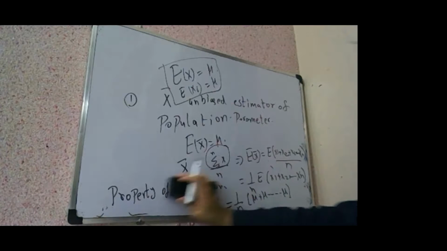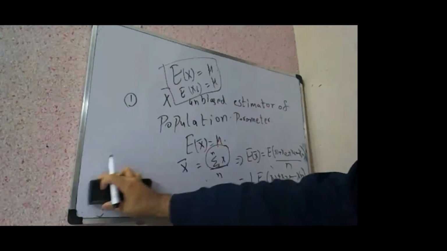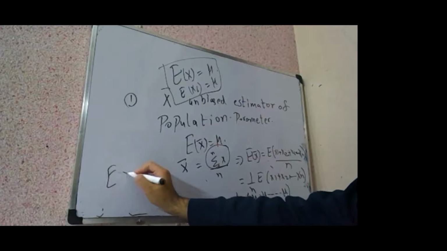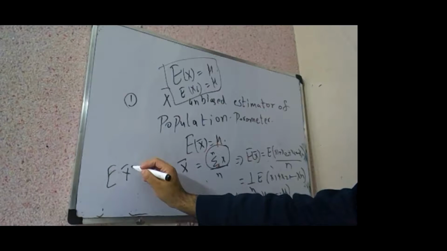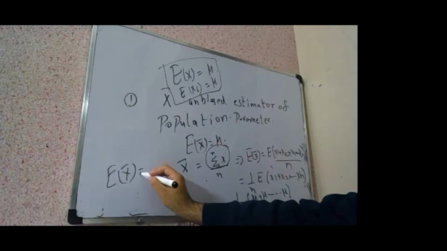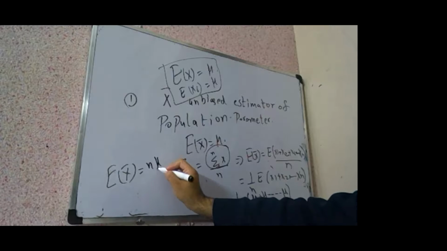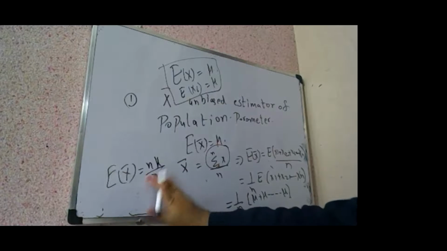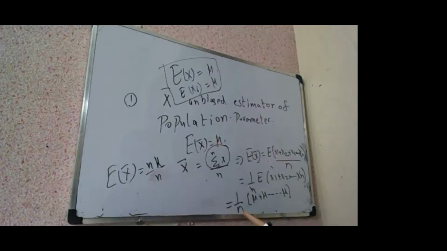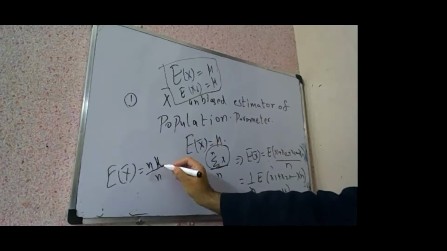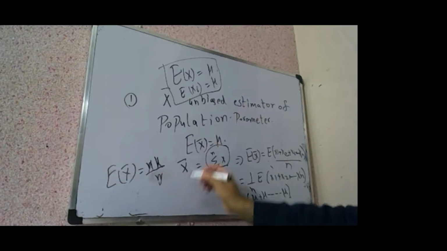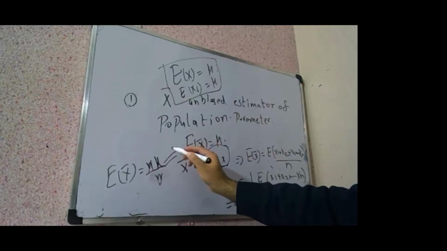And this will lead me to the conclusion that the expected value of x bar, the mean, is n mu upon n. This n and that n cancel, and it will give me the same result, mu.